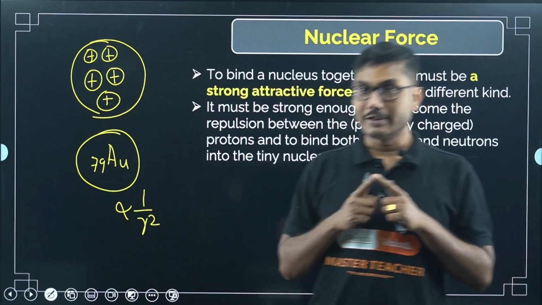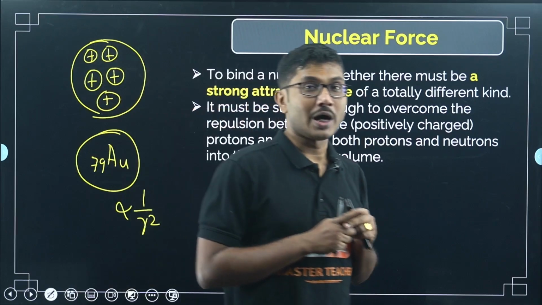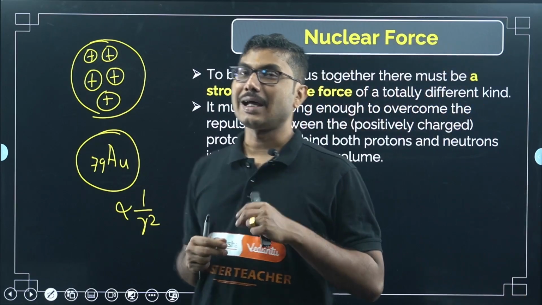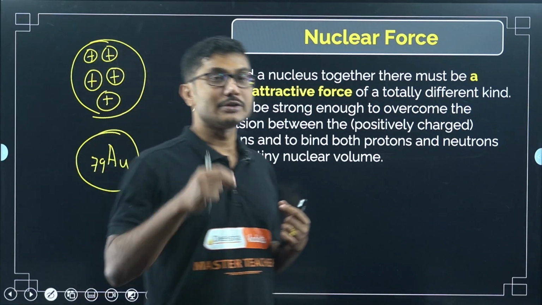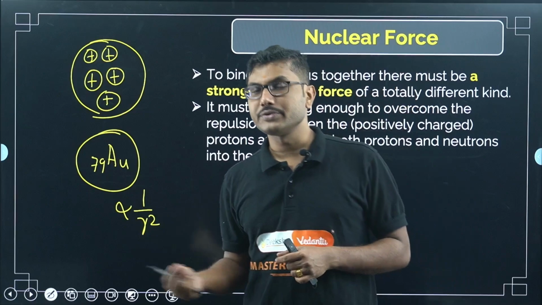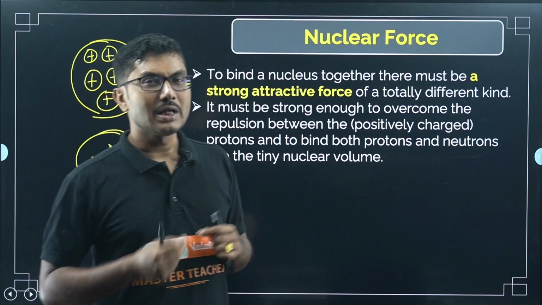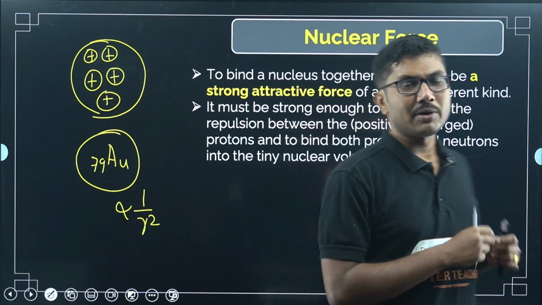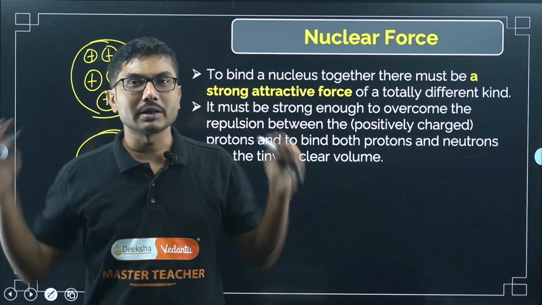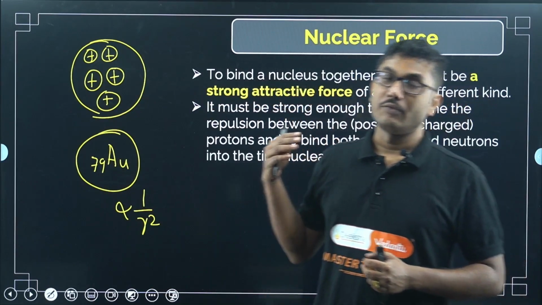And there are 2 more forces. One is strong nuclear force, and the 4th type of force is called weak force. We will hardly discuss weak force, and nuclear force also; we will only discuss its basic properties, not in detail. But you should know that there are 4 fundamental forces. All other forces are basically part of these 4 forces.